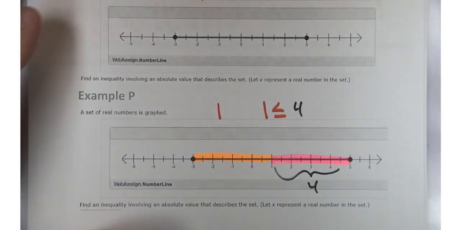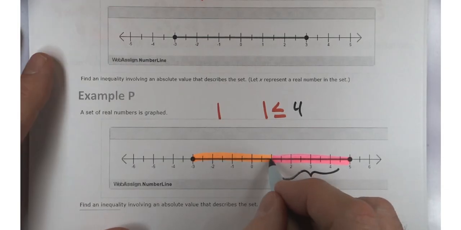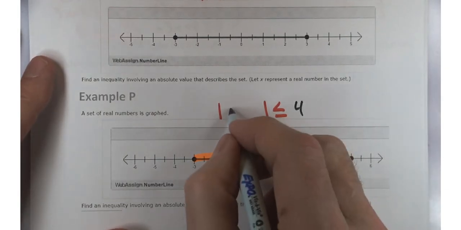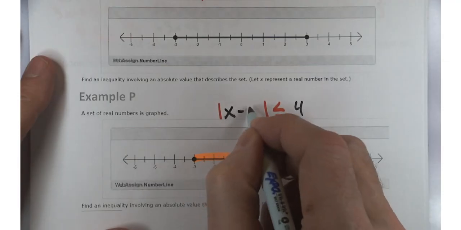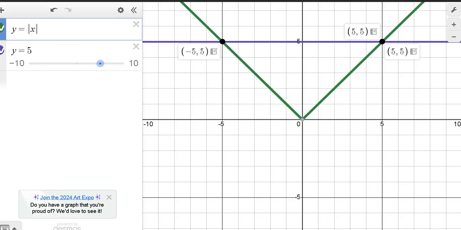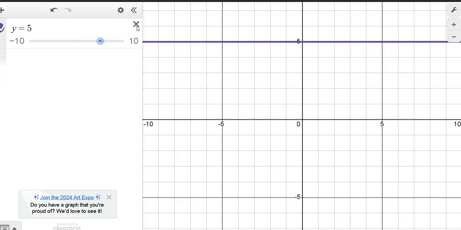What's going to shift this to have a center at 1 is an expression like this, x minus 1. And you might be curious as to why is there a minus 1 and not a plus 1? The minus 1 is going to shift your graph to the right. And you can relate to that by looking back at your polynomials, like y equals x squared.